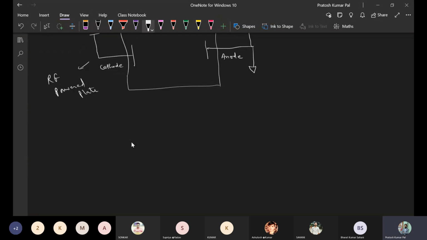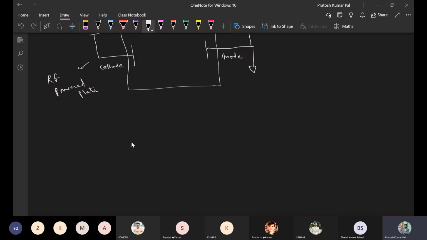So this is the overall process that is governing basically the dry etching. Here, this ion beam energy, or we can call it ion bombardment energy, defines the dry etching.